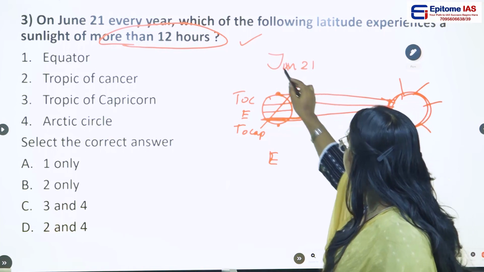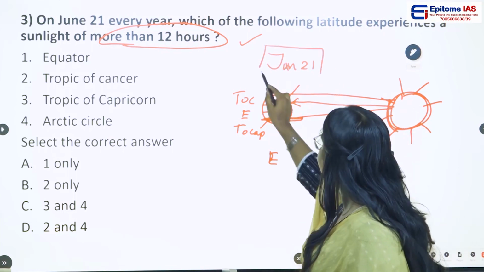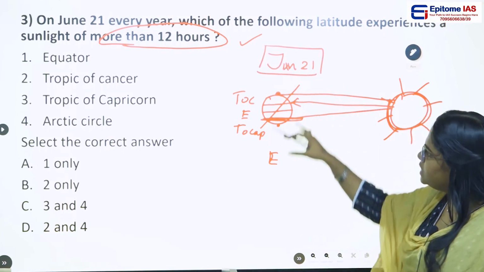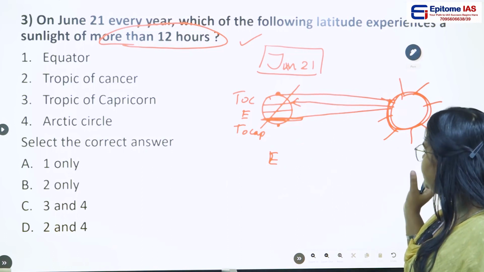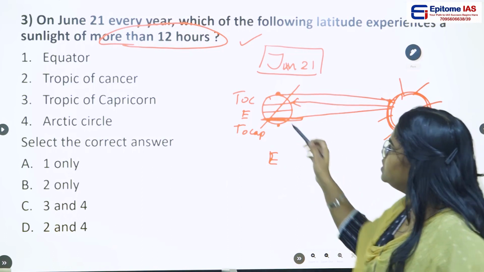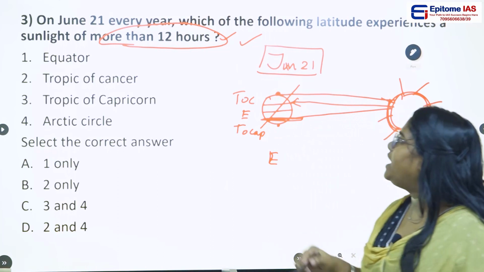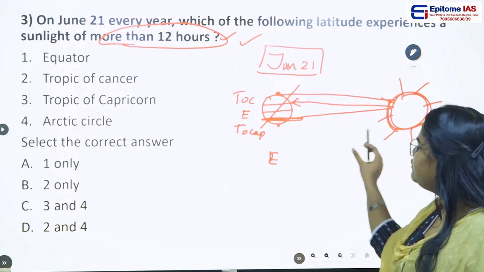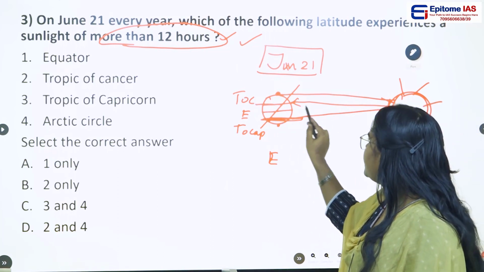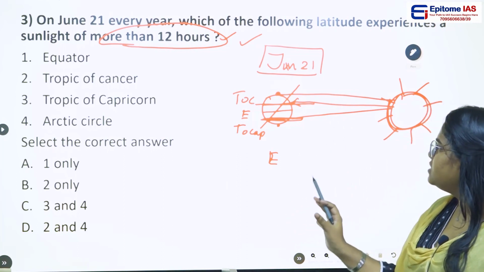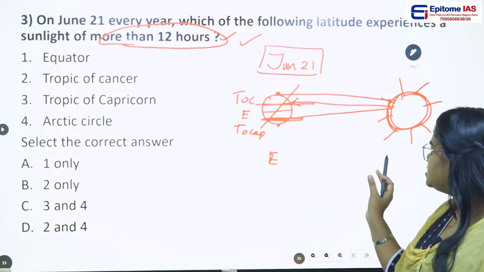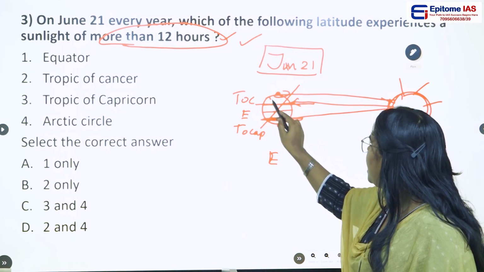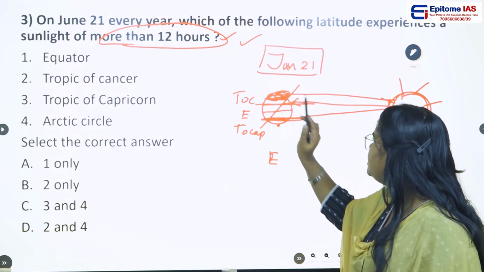So they are asking that on June 21, which of the following latitudes will be having sunlight of more than 12 hours? Clearly, the Tropic of Cancer is going to have sunlight of more than 12 hours. And the Arctic Circle is somewhere near here.